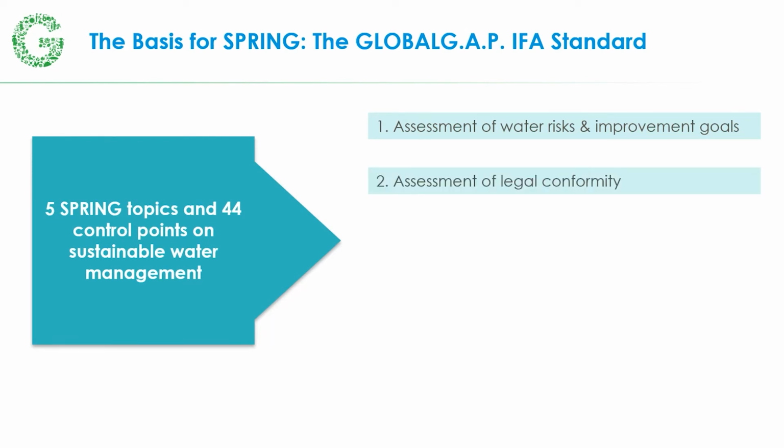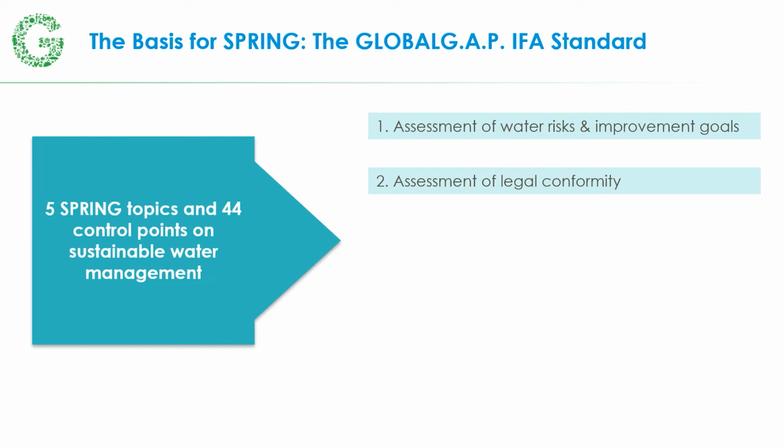The second part is about the legal conformity. You know that each country has different legislation, and sometimes each region of the country has different legislation. In this case, we ask for identifying all the legislation that is applicable about water and land use. Then we ask for all the documents that show that the producer is aligned with the legislation.